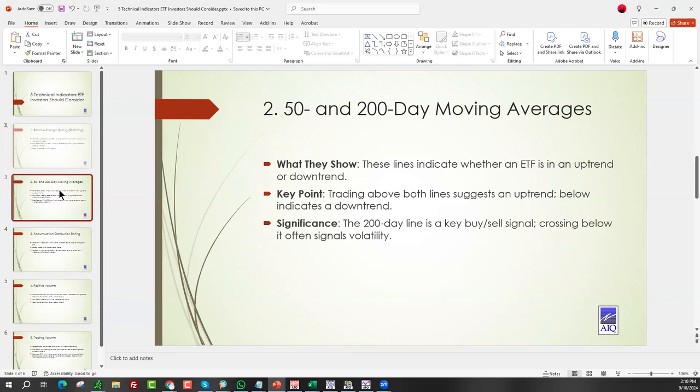Real simple ones. And again, this was interesting: 50 and 200-day moving average. From their research, it seemed that when the price action, and again, we're buying into the trend, so once the 50 is above the 200-day, it's crossed over, if price action is above both lines, then it's a great place to be. If it's just crossed over, the 50 to over the 200, then that's an earlier indication.